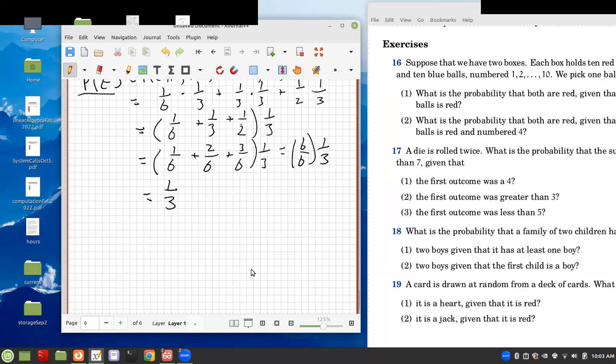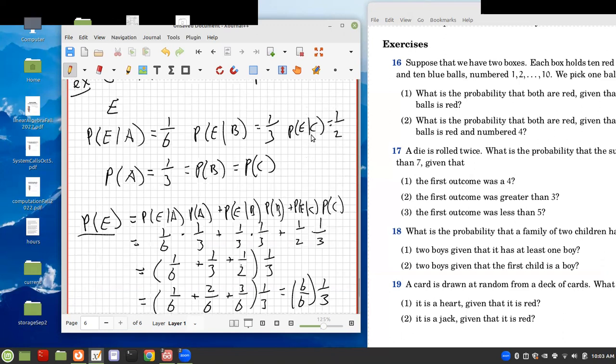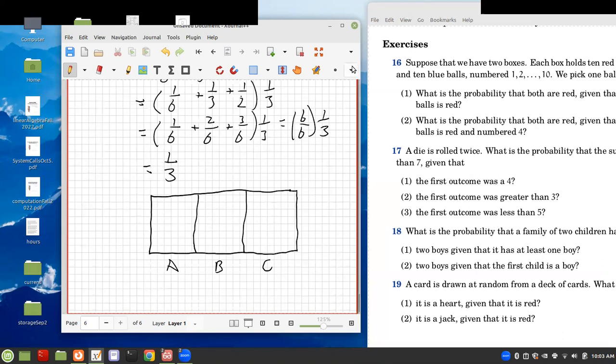Let me draw a picture of what this might look like. Here's my sample space. I have to divide it up into 3 equal size events, A, B, and C. And now if the probability of E, given that you're in C, is 1/2, that means that E has to be here in blue, to be 1/2.